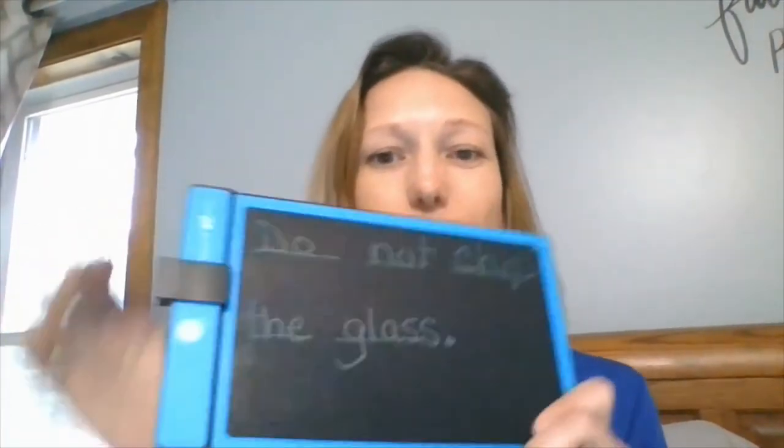And if you are ready to check your work, you can check with me. If you are not ready, go ahead and pause the video, finish writing your sentence, do not chip the glass, and then you can check with me.